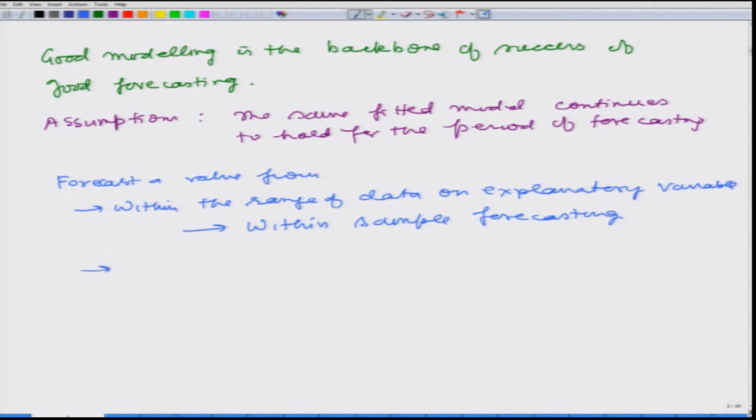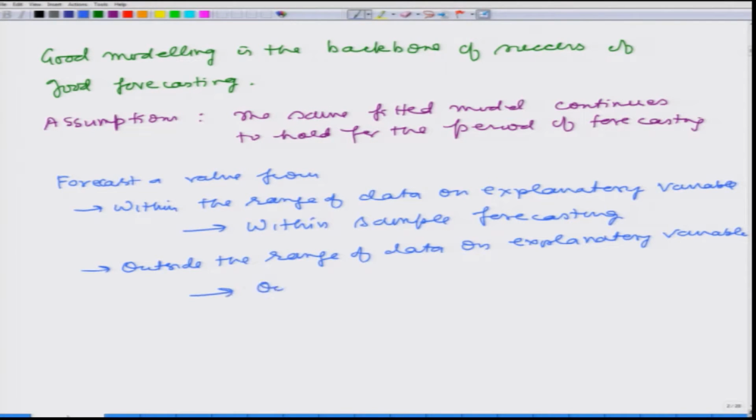And when we are trying to forecast a value from outside the range of data on the explanatory variable, then this is called outside sample forecasting.